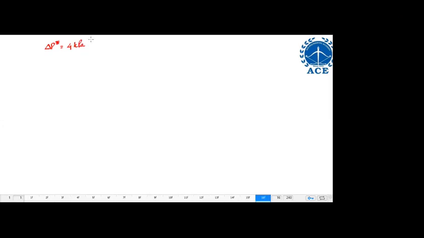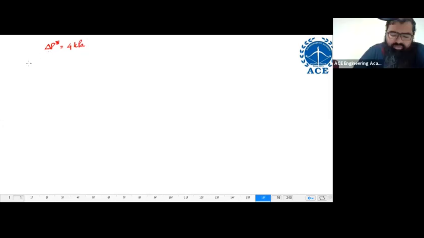See, in that question, he gave you the value of delta P star equal to some 4 kilopascal. Of this, 10% is lost. This implies pressure loss is equal to 10% of delta P star.